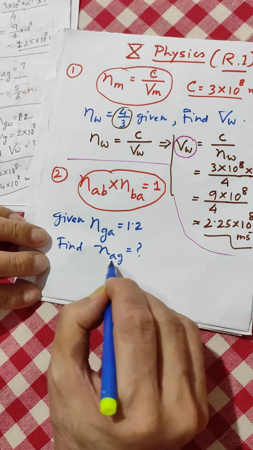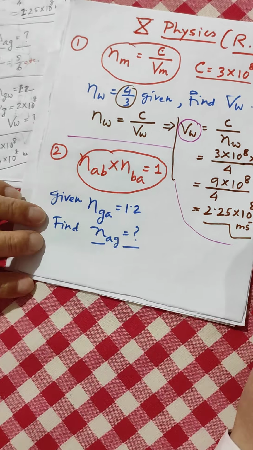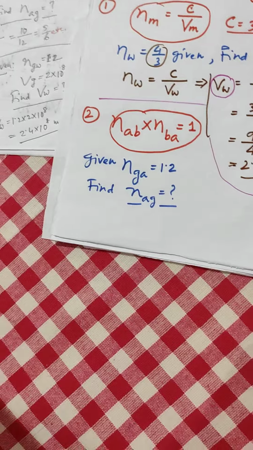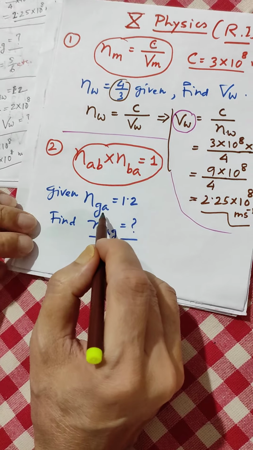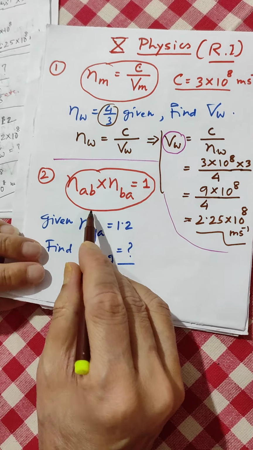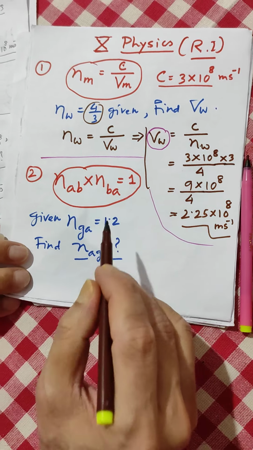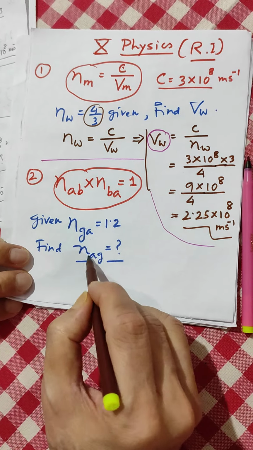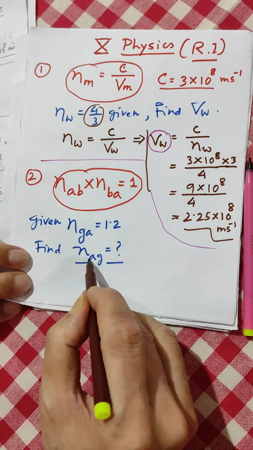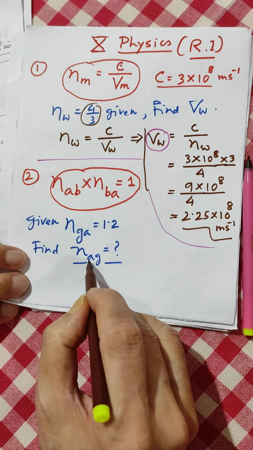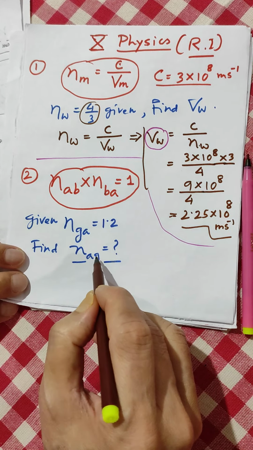That is the question. So what is given? Refractive index of glass with respect to air. So air is the first medium, glass is the second medium, equal to 1.2. You have to find just the reverse, the reciprocal of this. So the refractive index of air with respect to glass we have to find out.